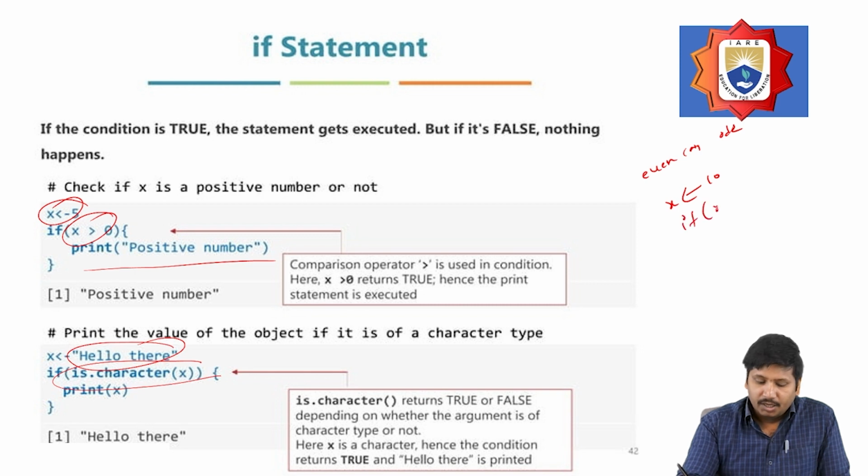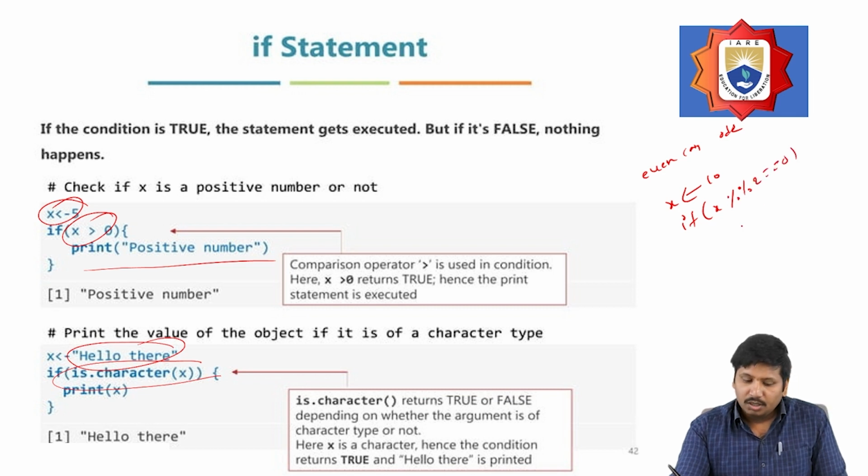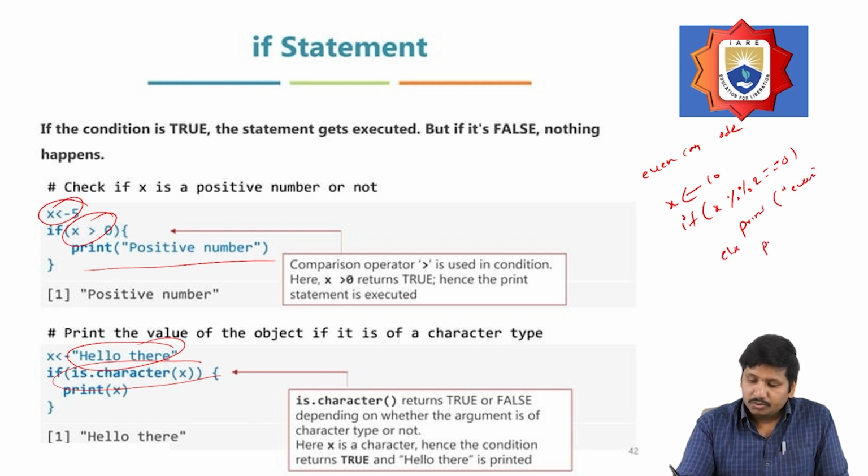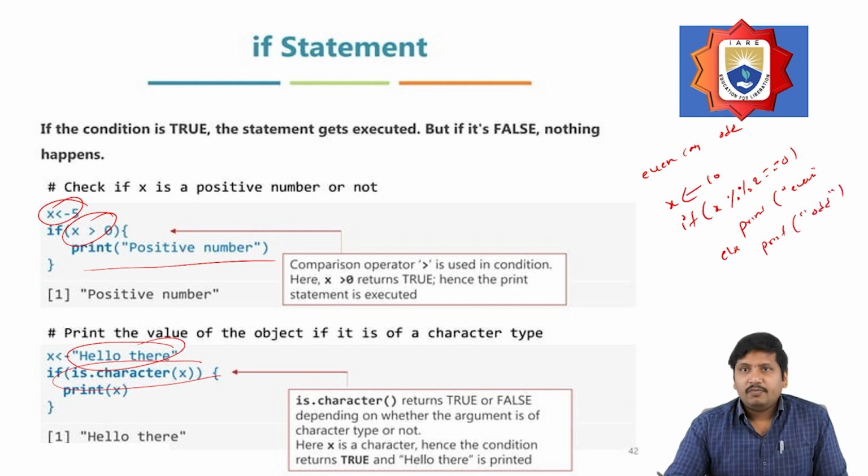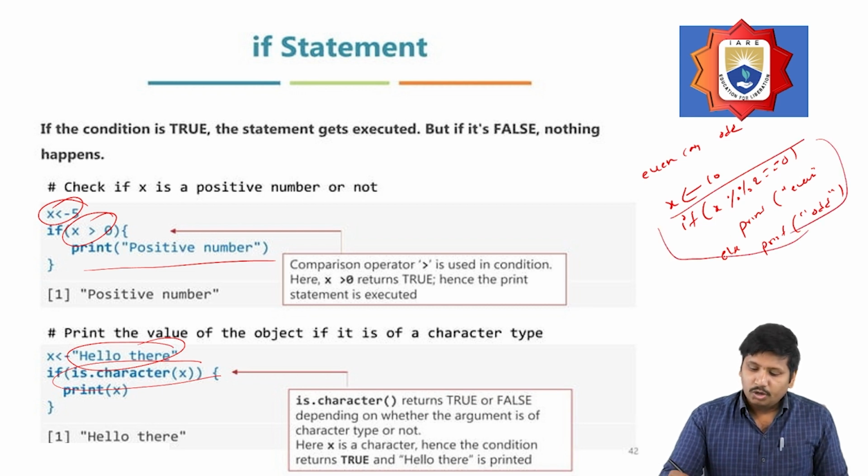If x modulus 2 equal to 0, I can write print of even. Else is also going to be used: if it is not even, then it should be odd. Like this, if else is also used normally.